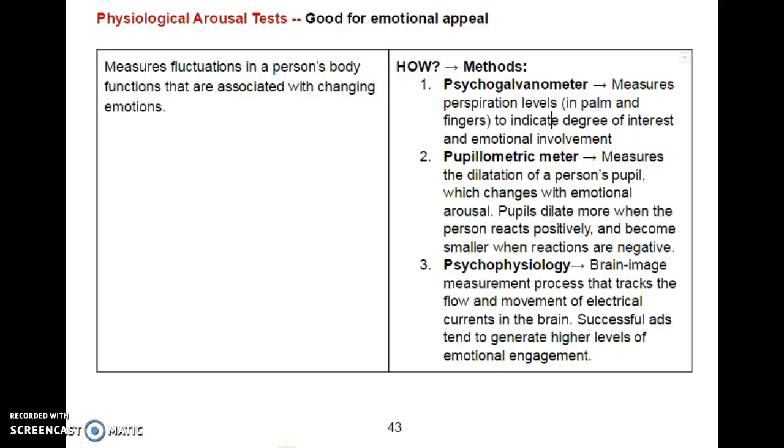Pupillometric meter measures the dilatation of a person's pupil, which changes with emotional arousal. Pupils dilate more when the person reacts positively and become smaller when reactions are negative.